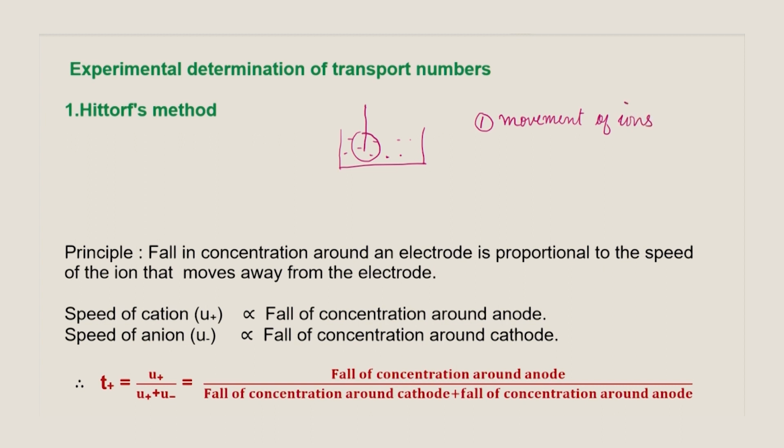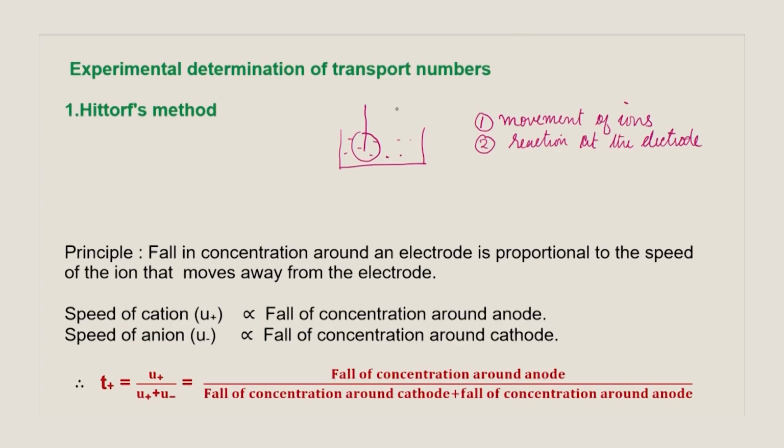When ions move, there will be a change in concentration. The second one is the reaction at the electrode. Due to some reactions occurring at the electrode, there might be a change in concentration around the electrode.